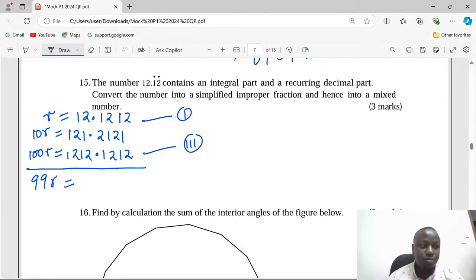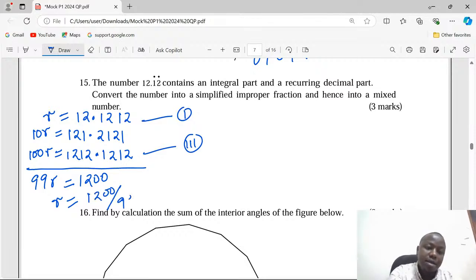This is equal to 1212 minus 12, which gives us 1200. So to get R, which is the fraction now, we divide 1200 by 99.